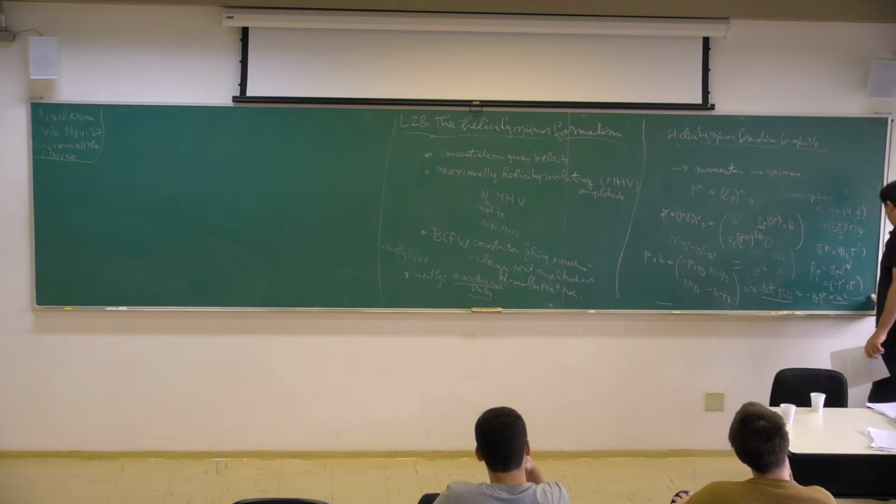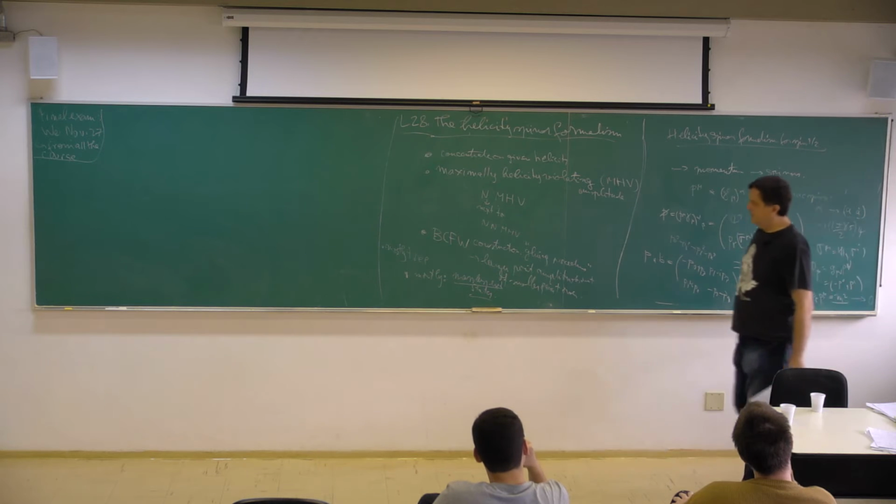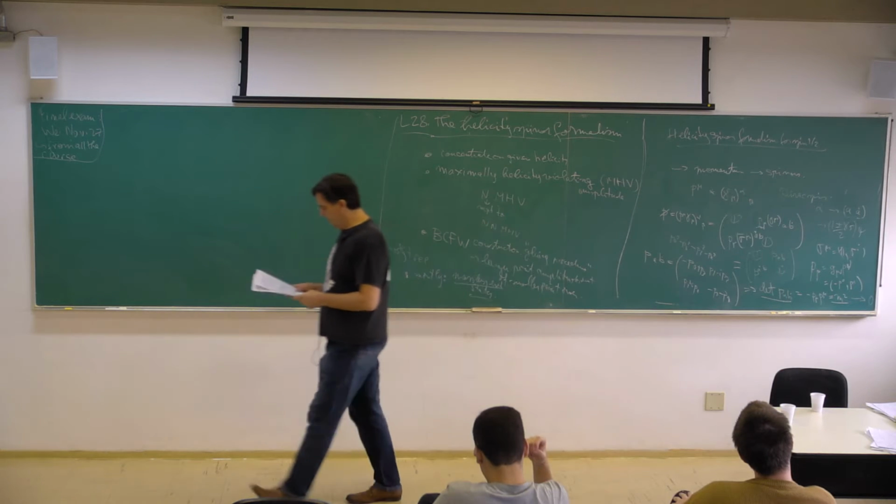So if the mass is equal to 0, then the determinant is 0, which means the matrix P_{αβ̇} is degenerate, and in particular that means that it can be factorized.